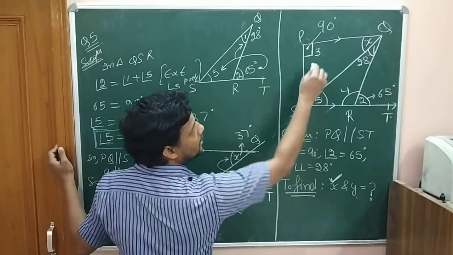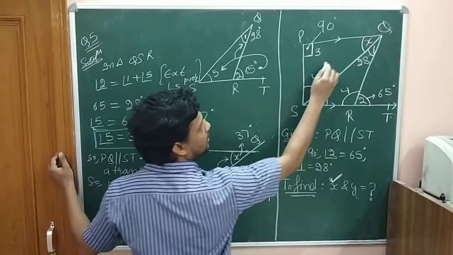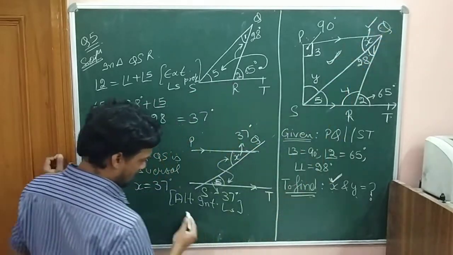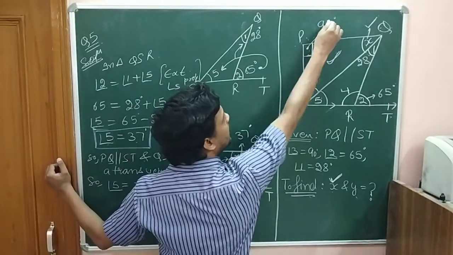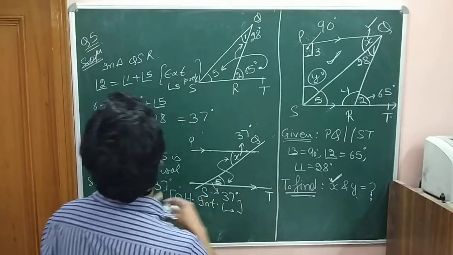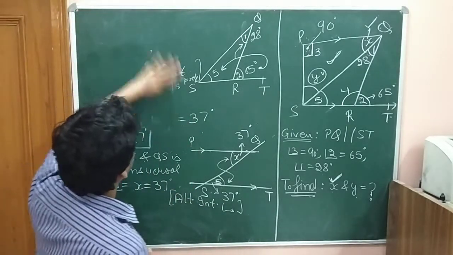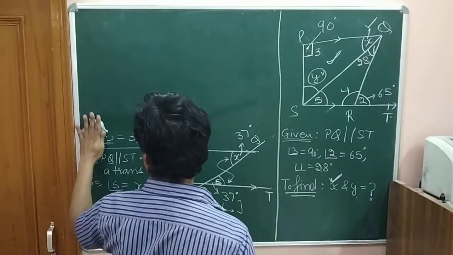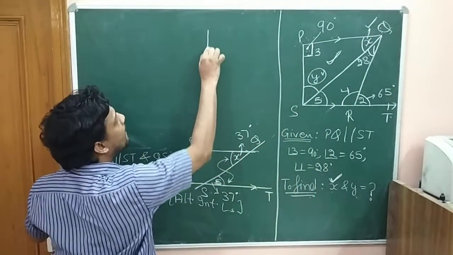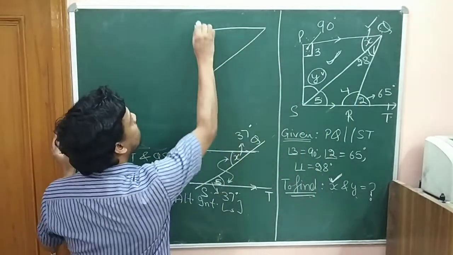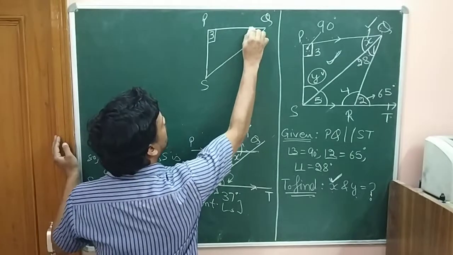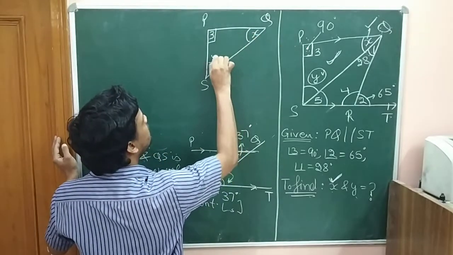Now angle y. In this triangle PQS, we have already found angle x, 37 degree. This is 90 degree. By angle sum property you can find angle y. So in triangle PQS, this angle is 3, this angle is x, this angle is y.